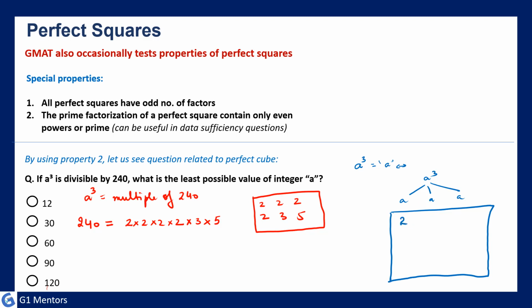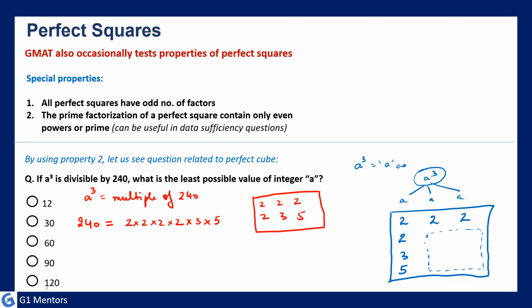So it will have factors 2, 2, 2, 2, 3, 5, and here some of the factors must be repeating themselves so that it becomes the prime box of a cube.